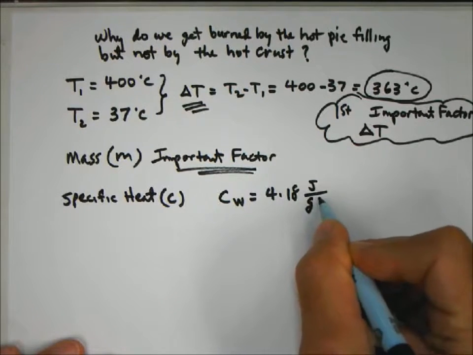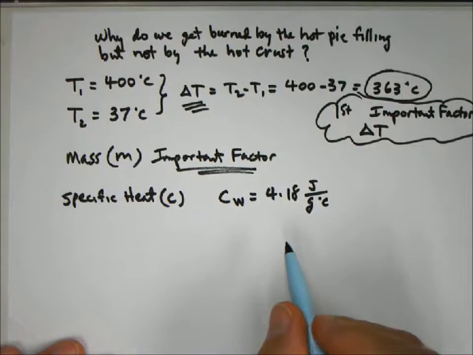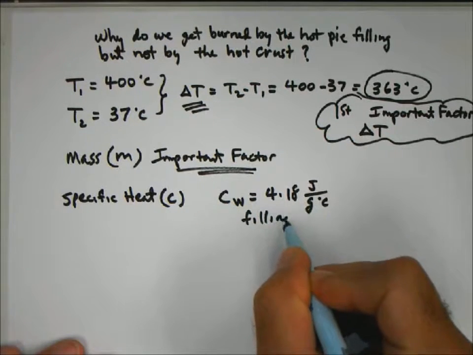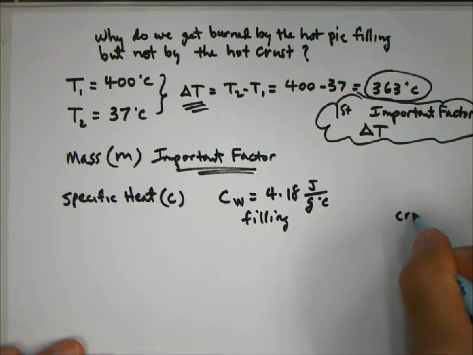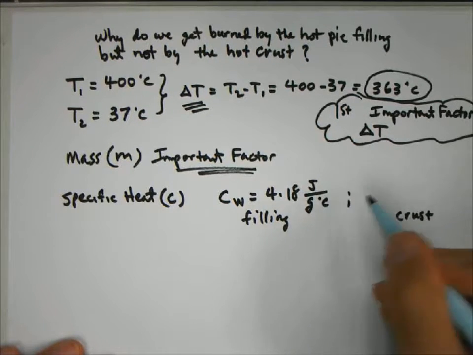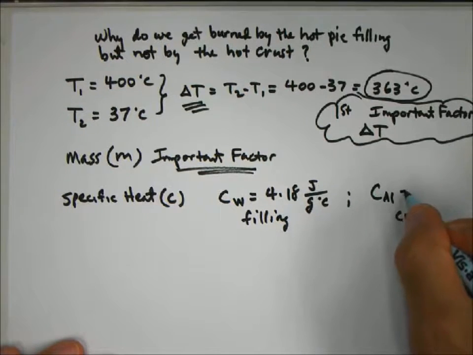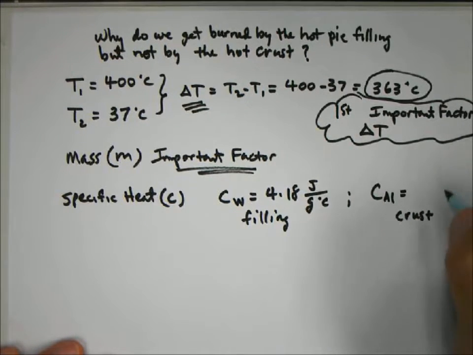So that'd be for the filling, might say. And then how about for the crust? The crust, we could use the analogy of aluminum, right? And this is just for a rough estimate, which was about 1 or 0.9 joules per gram degree Celsius.